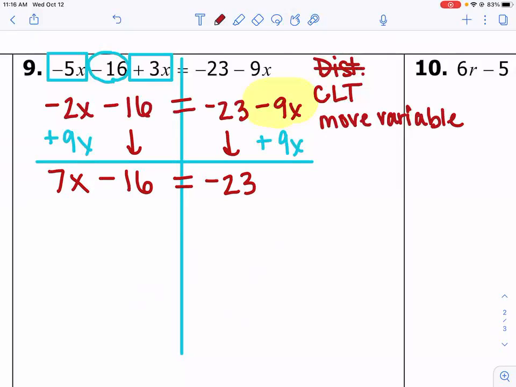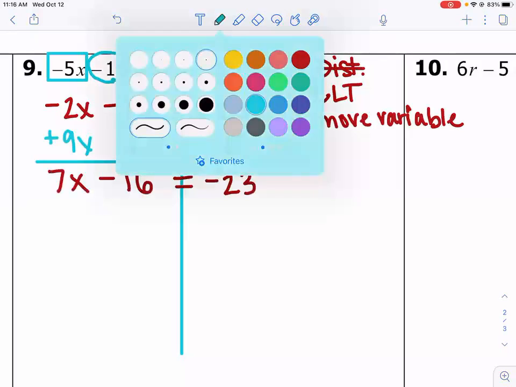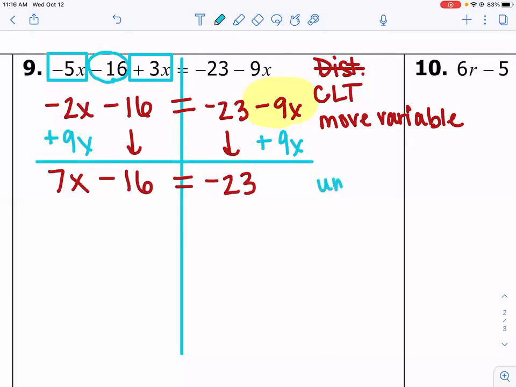So Denise, what's our first move? What do we need to do? Okay, we need to undo that subtraction by adding 16. She said to cancel it out. Okay, so we still have our 7x. Since we're adding 16 to a minus 16, those are gonna cancel out.